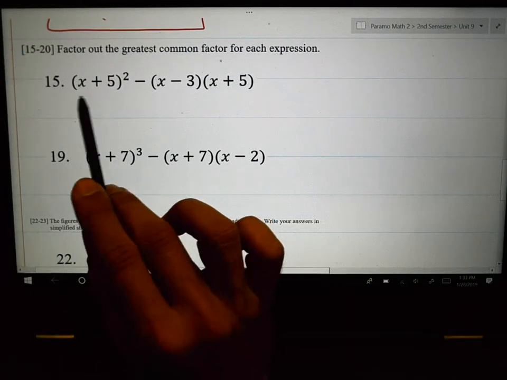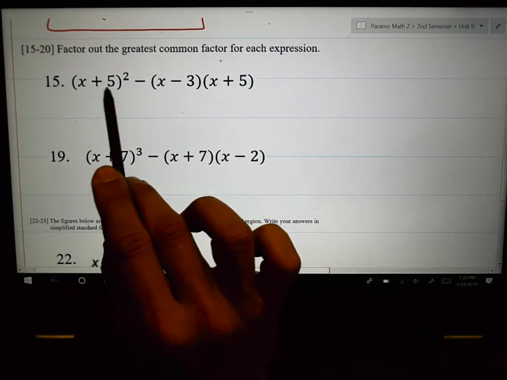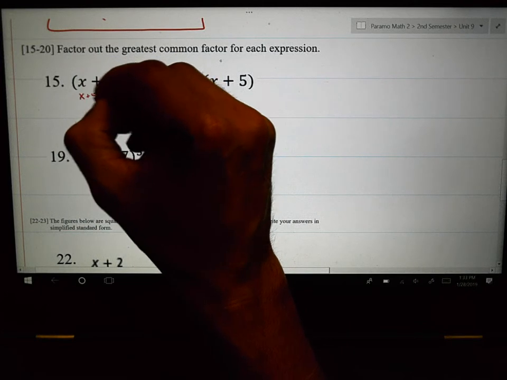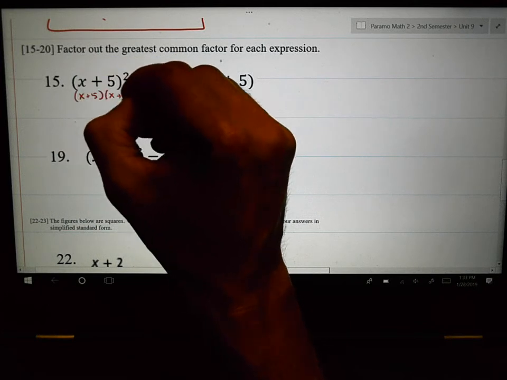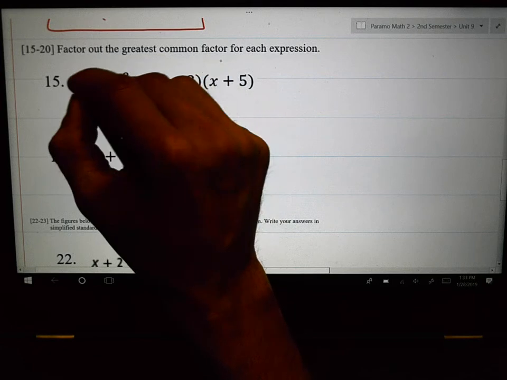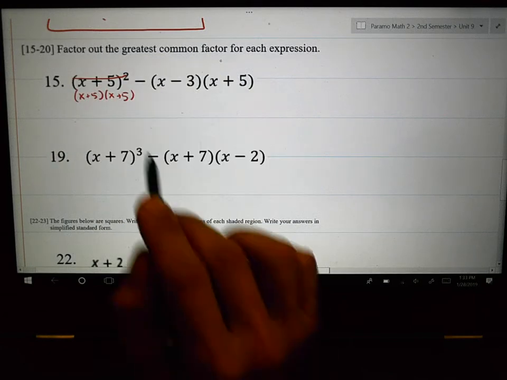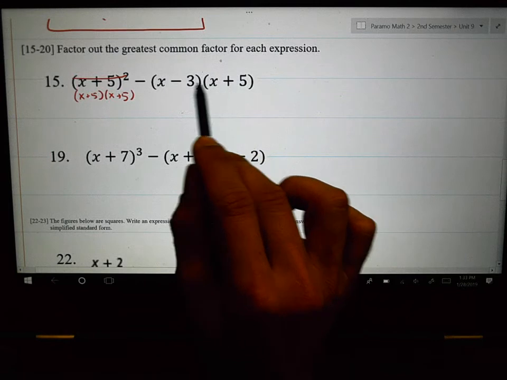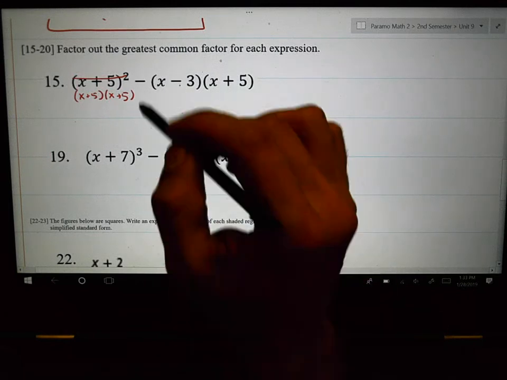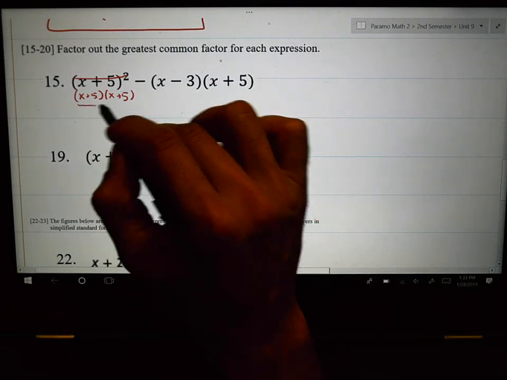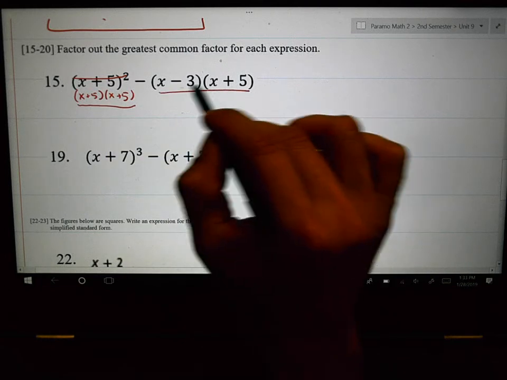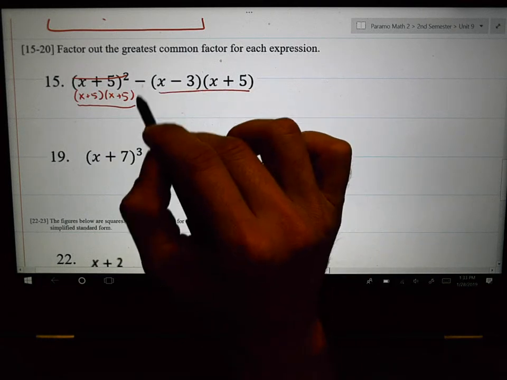Meaning this, remember how earlier we said that x plus 5 squared was x plus 5 times x plus 5? Let me just write that down real quick. Like that's what the little 2 means. Well, this is multiplying an x plus 5 and x plus 5. This is an x plus 5 times an x minus 3. So I want you to look at this like this is a term, 2 things multiplying, and this is a term, 2 things multiplying, and we have a minus sign in between.